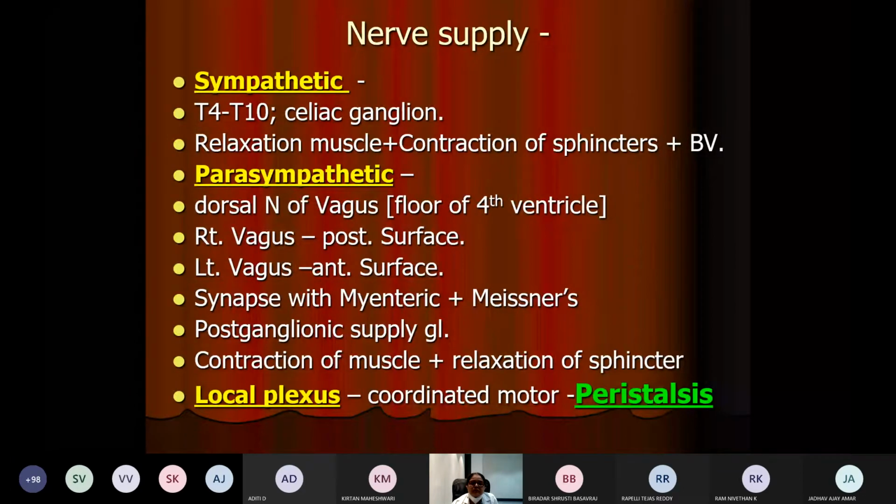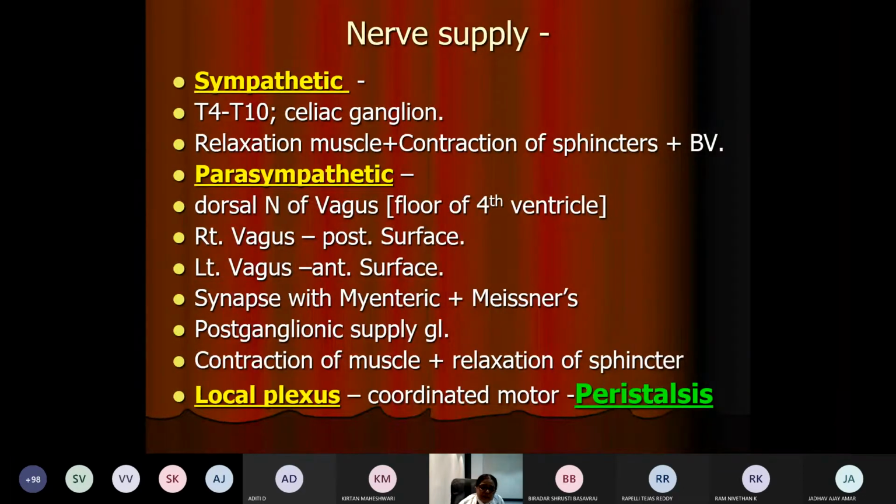Nerve supply. Sympathetic, parasympathetic, local plexus. Sympathetic T4 to T10, celiac ganglion, relaxation of muscle plus contraction of sphincters plus blood vessels. Parasympathetic, dorsal nucleus of vagus, that is in the floor of the fourth ventricle.